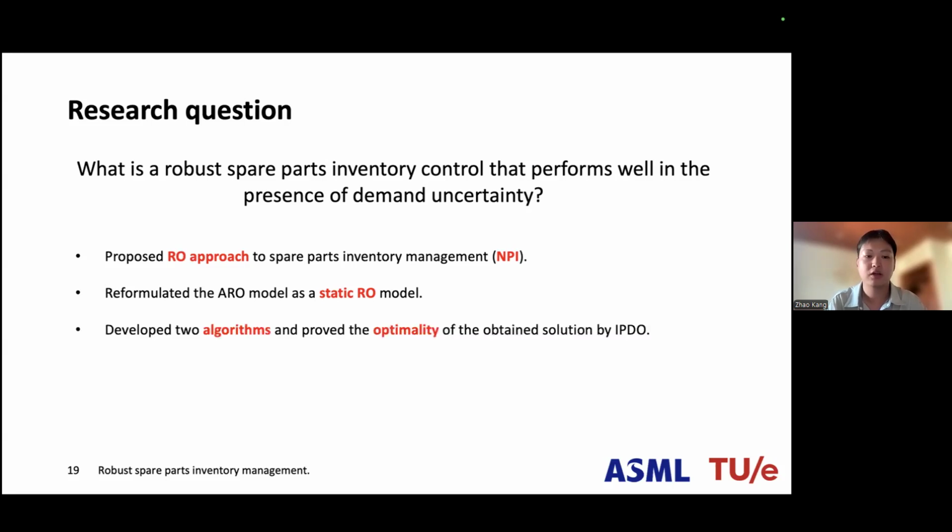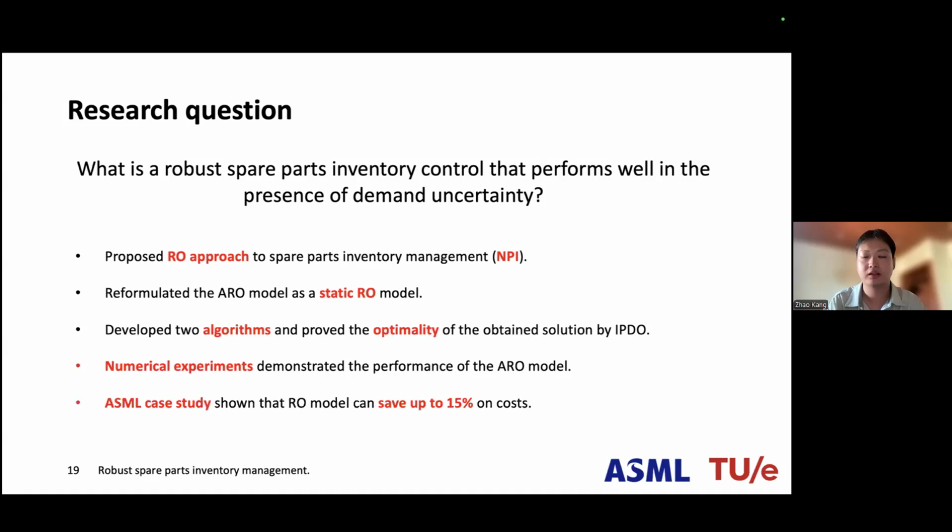Then we show two different types of algorithms, and we proved the optimality of one, which we call IPDO. We conduct a series of numerical experiments to show the performance of our ARO model, and our ASML case study shows that our RO model can save up to 15% on cost.